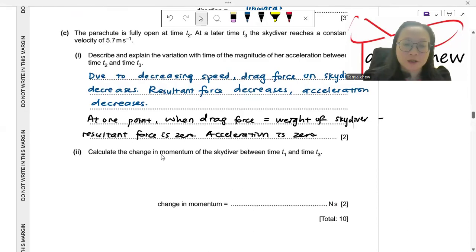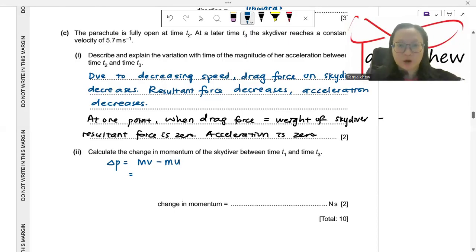Now, the second part, calculate the change in momentum of the skydiver between time T1 as well as T3. So the change in momentum, this is the symbol of momentum, it is mv minus mu. Since both velocities are going downwards, both velocities will take positive value.